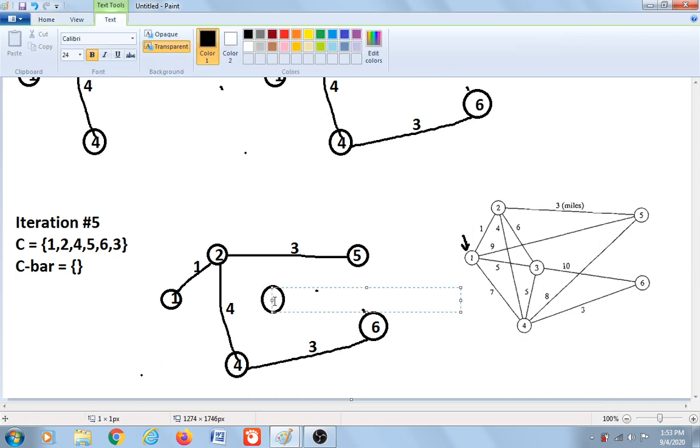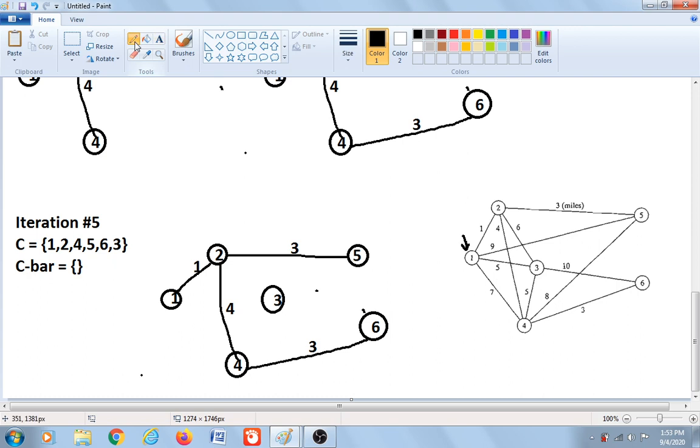So this is number 3, and this is the arc that I select. Okay, and the distance is 5. Okay, so we stop because now our C bar is empty, and all nodes that we have in the network, they are now in C.